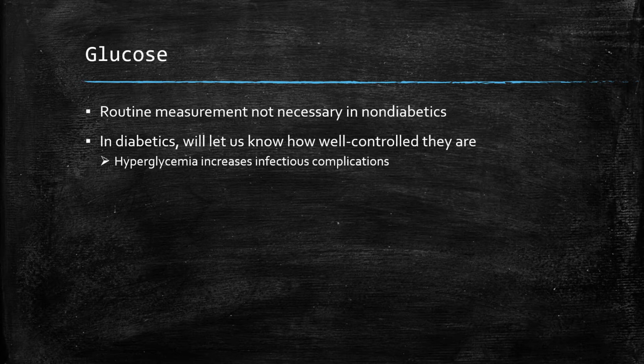However, if the patient is a known diabetic, we're definitely going to want to know how well controlled they are. Patients with hyperglycemia in the postoperative period have increased infectious complications, and so knowing their glucose level pre-op will help us design an appropriate post-op glucose strategy.